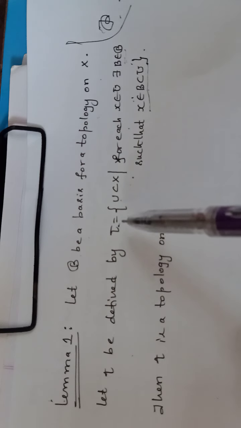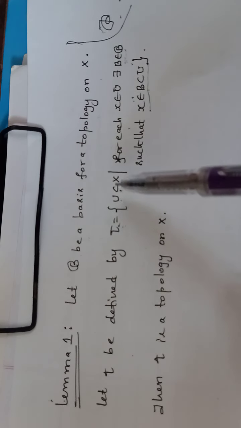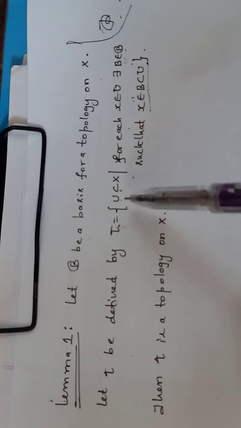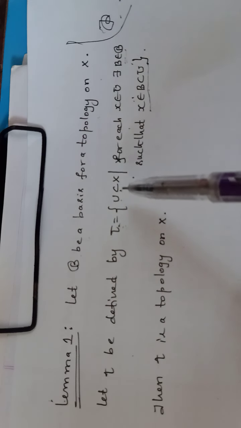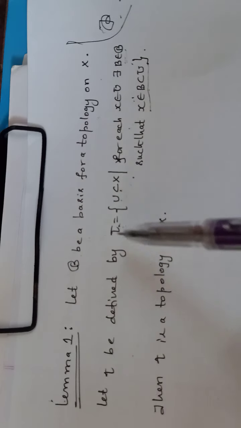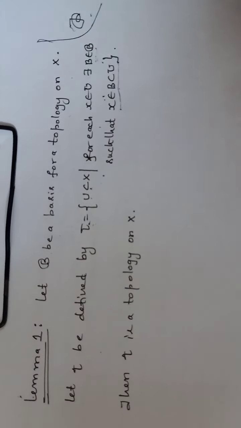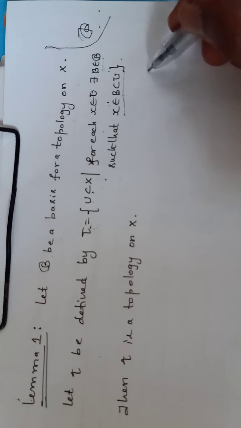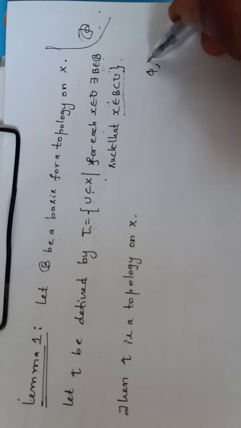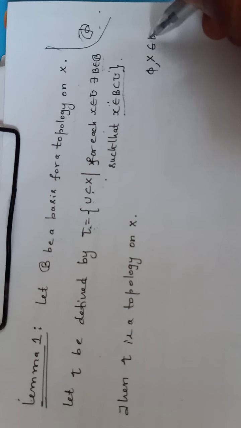Here we know that every element of tau is an open set. So to prove that tau is a topology, we need to prove three conditions. The first condition is that the empty set and X itself are in tau.